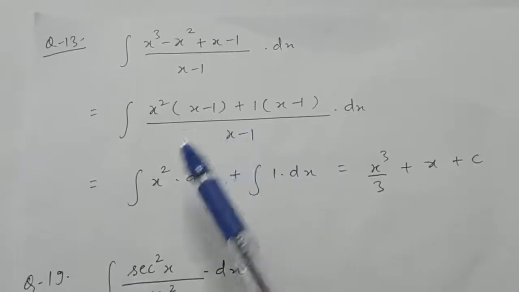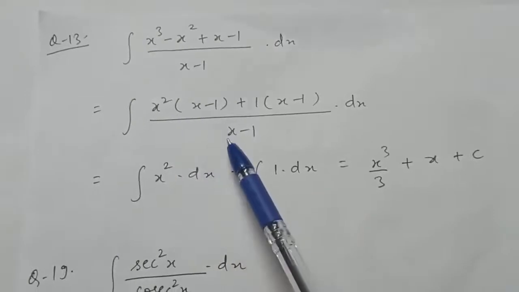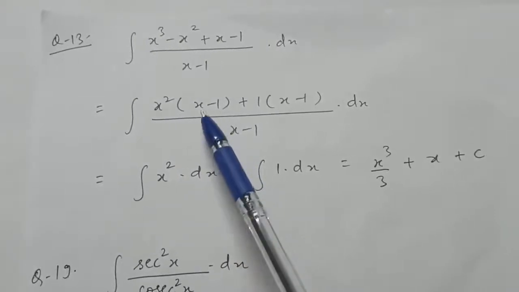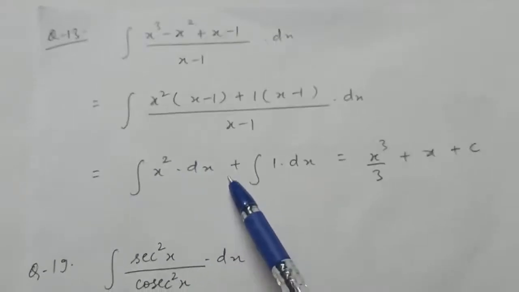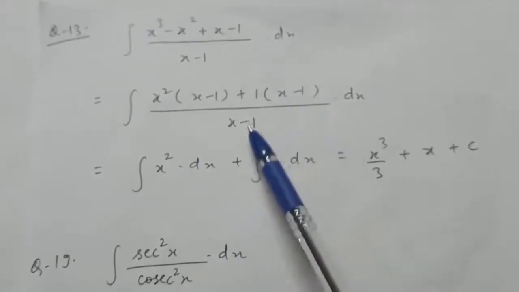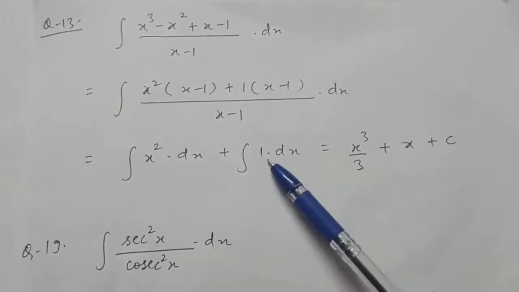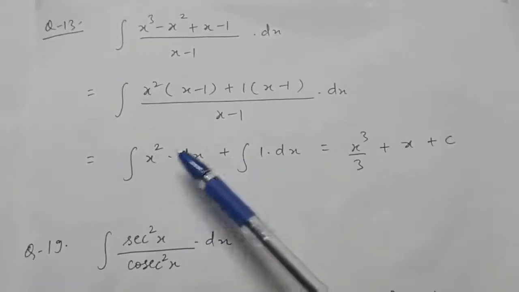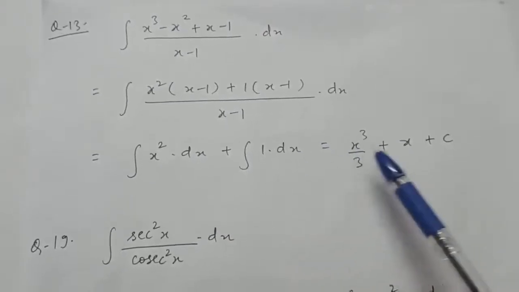Now it is equal to integral of x square into x minus 1 upon x minus 1. So x minus 1 will get cancelled. So you will get integral of x square plus integral of x minus 1 upon x minus 1, which is integral of 1 only. Now integral of x square is x cube by 3 plus integral of 1 is x plus c.